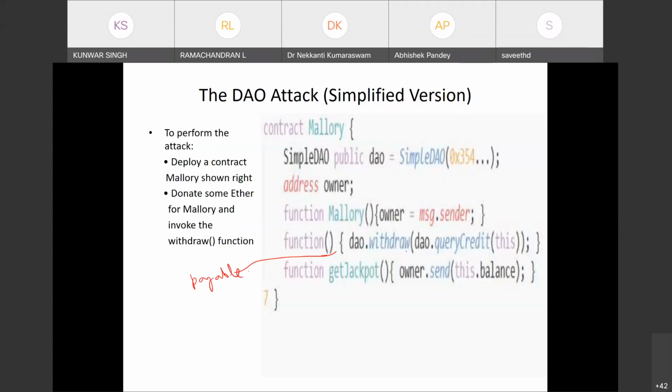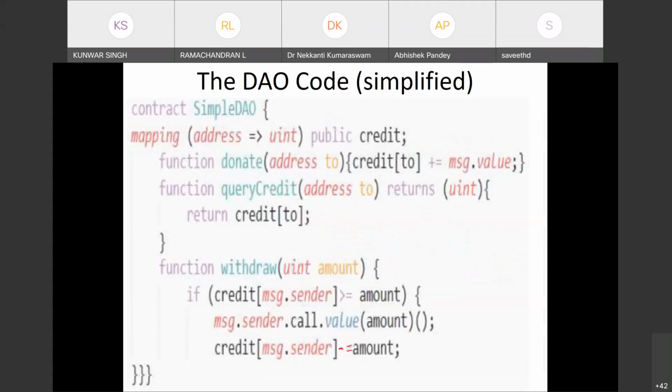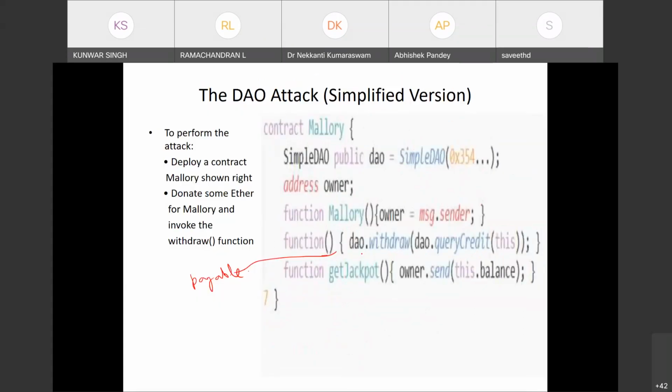That code is calling this withdraw function again. DAO withdraw, DAO query credit. So you will get the credit, and that much amount you will withdraw.